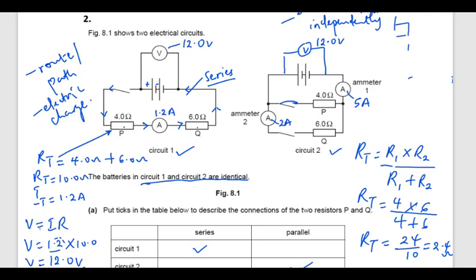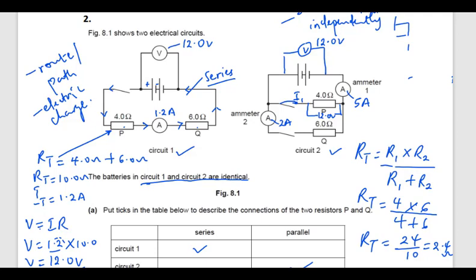If this is a parallel connection and they have the same voltage, that means the voltage across this resistor P also will be 12.0 volts. So we are looking for its own current.